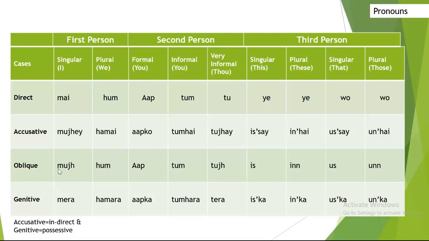Now the oblique stems: मुझ, हम, आप, तुम, तुझ, इस, इन, उस, उन.